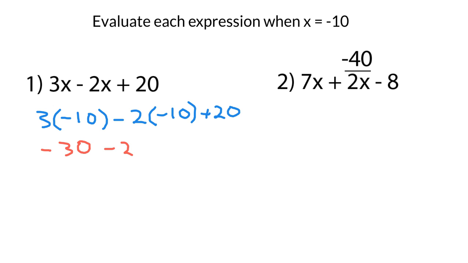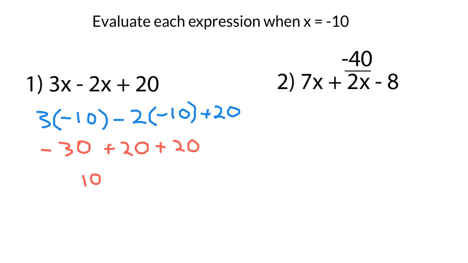Subtract 2 times -10, it should be add, -2 times -10 makes +20. Plus 20. -30 plus 20 makes -10. -10 plus 20 makes a final answer of 10.